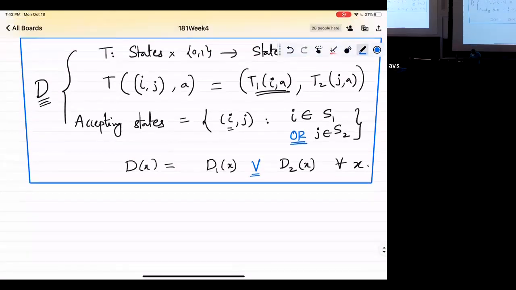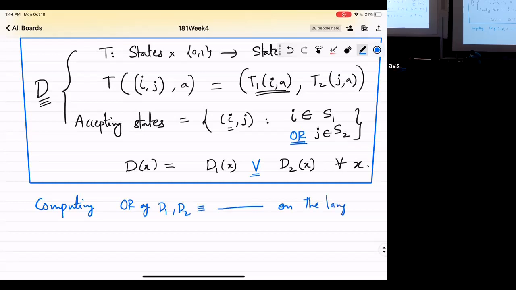And computing OR of D1, D2 is equivalent to, fill in the blank, on the languages. So let's say the language of D1 was L1 and the language of D2 was L2.